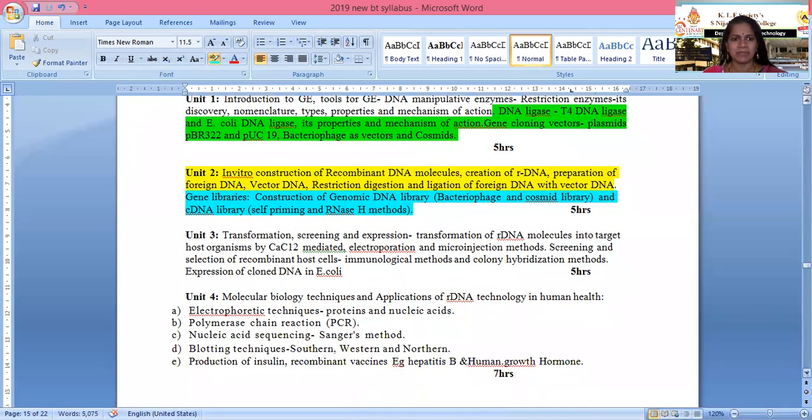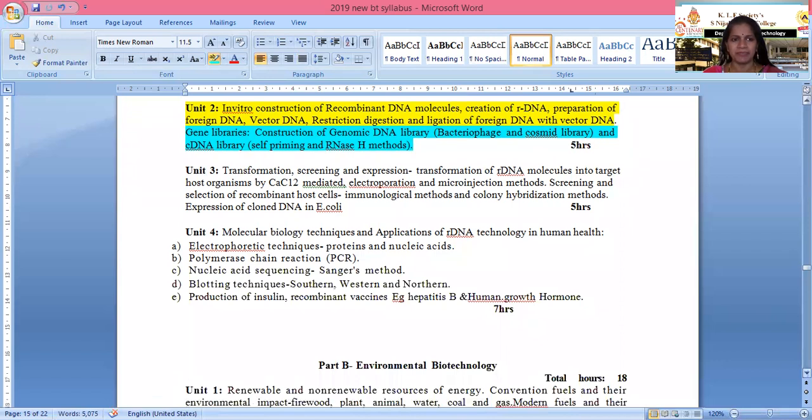Next, coming to unit 3. In unit 1 you studied the introduction, in unit 2 you studied in vitro construction, whereas in unit 3, once the recombinant DNA molecules are constructed, they will be introduced into the host system. Once we introduce them into the host system, we need to check whether transformation has occurred or not.